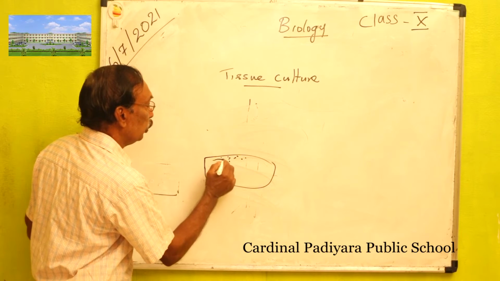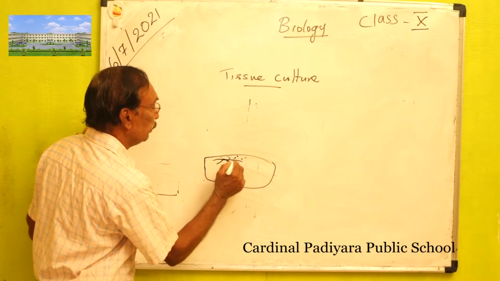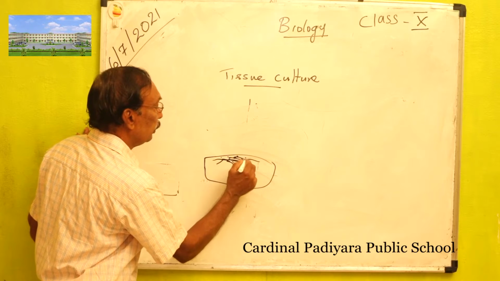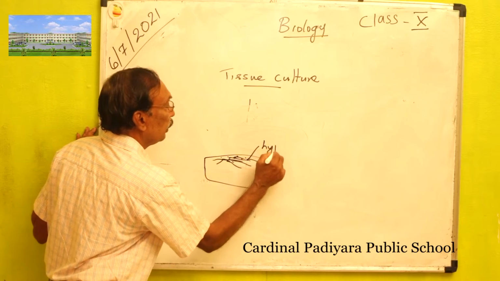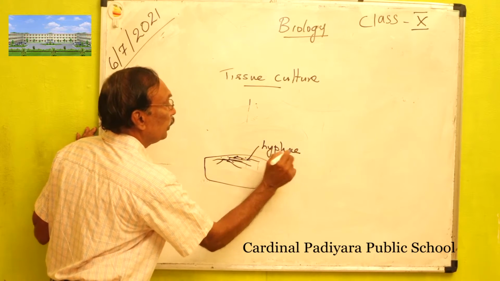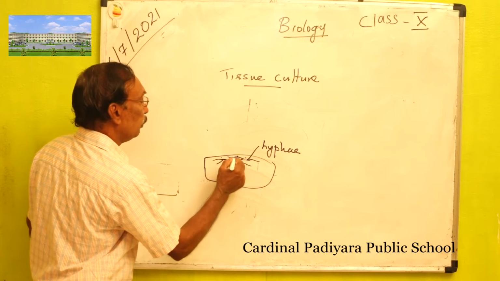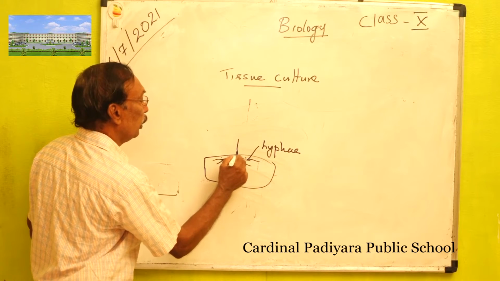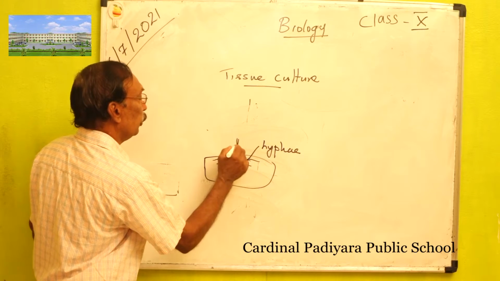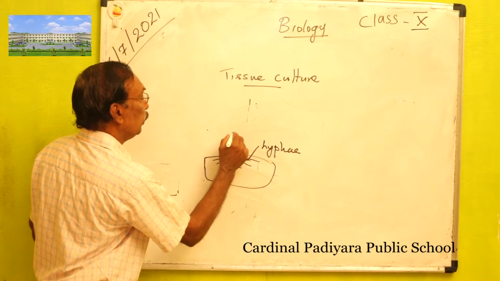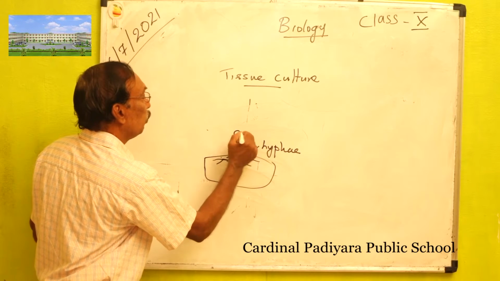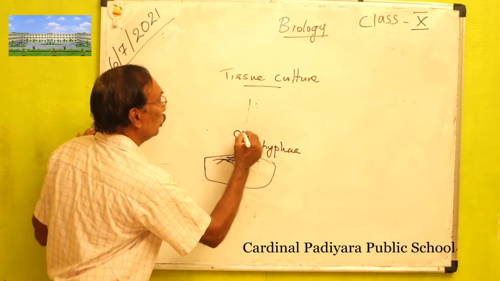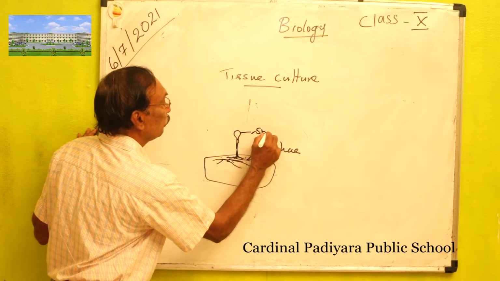And you can see it will produce thin thread-like structures inside the bread, and that is called hypha. Hyphae is plural. Some of the hyphae will grow outside the substratum where they are growing. At the tip of this, a ball-like structure is produced, and it is called sporangium.